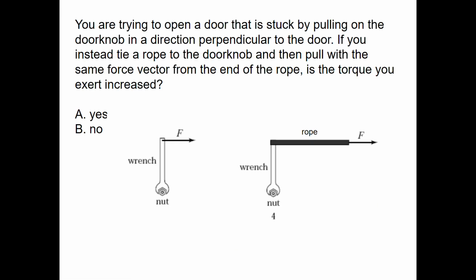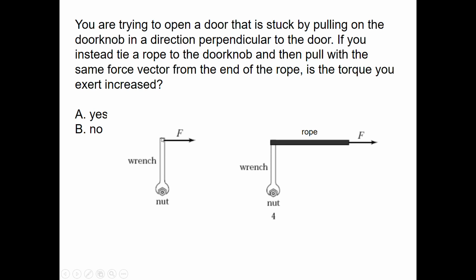All right, let's try a voting question. We're trying to open a door that's stuck by pulling on the doorknob. Maybe it's jammed into the door frame or something like that, and there's too much friction, and we want to pull on the door. Here I'm saying door, it's drawn as a wrench, but we can imagine we're looking down from the sky and we're seeing the door from above. Pretend it's a wrench, but it's a door. So we're saying compare this.